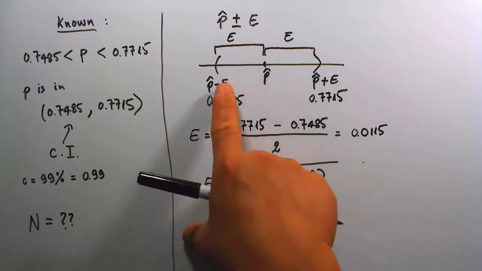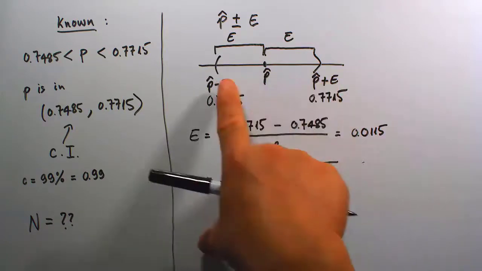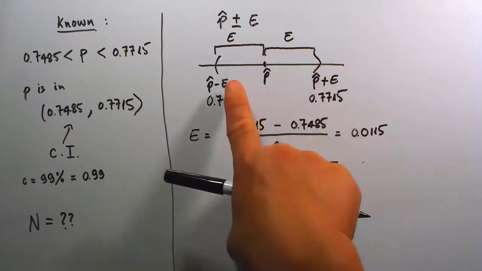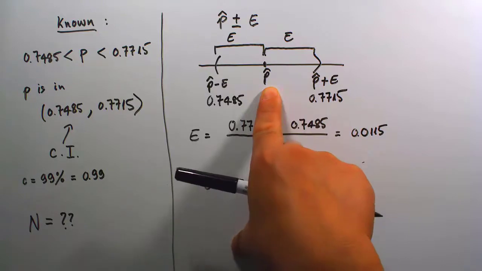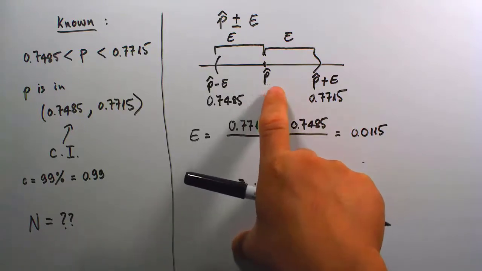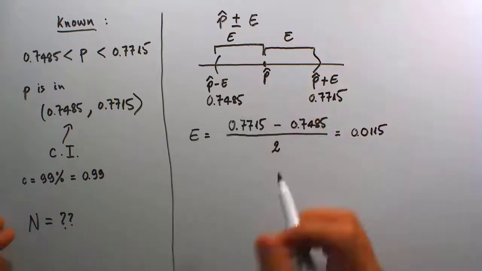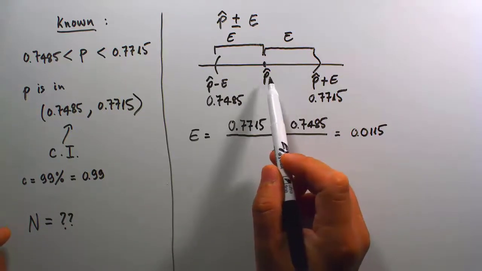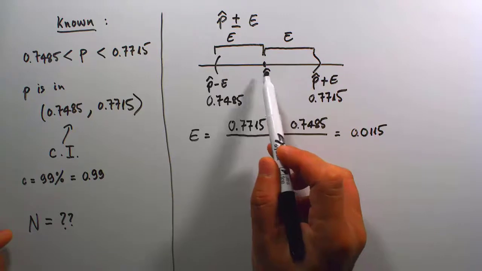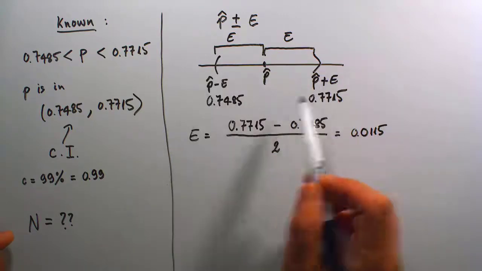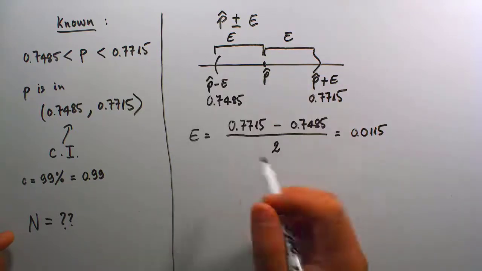And in this information, even though it's not written out directly, there will be a way to find out what our sample proportion was, the one that came up with this interval. So here's how we're doing it.